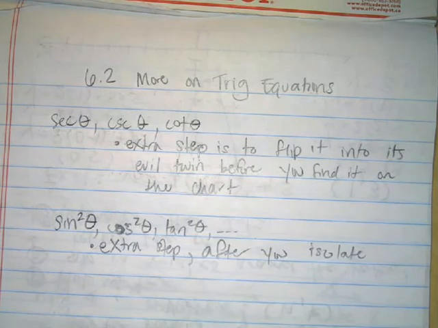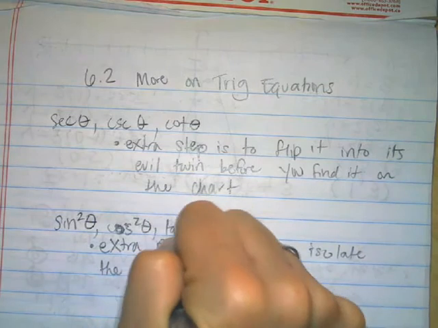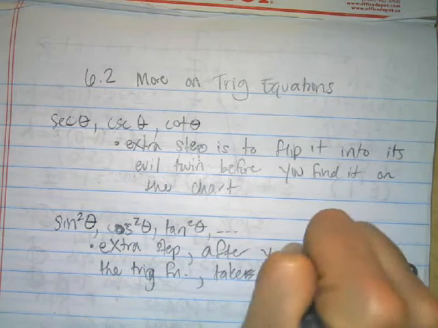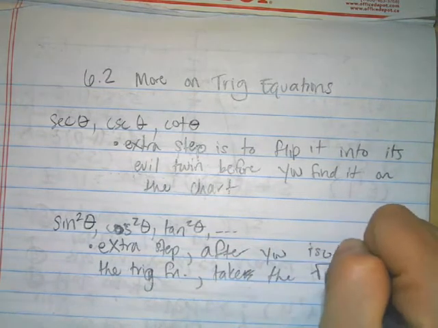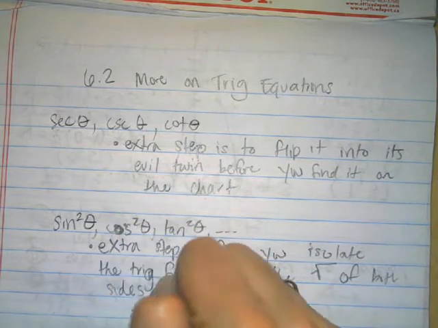After you isolate the trig function, take the square root of both sides. Don't forget to put plus or minus.